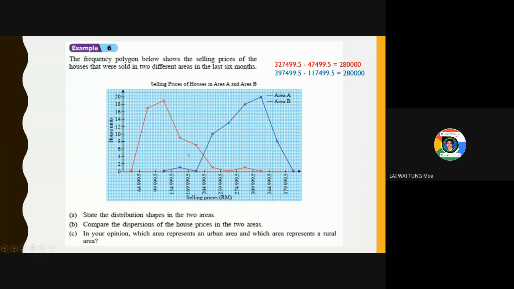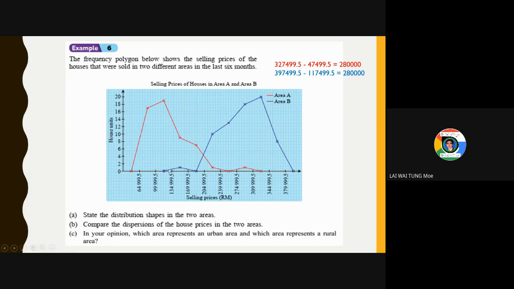Area A is rural or urban? Or you can say area B is rural or urban. And don't forget, this is the price of houses. So look at the price for area A. Okay, 47,000 here, highest is 327,000.